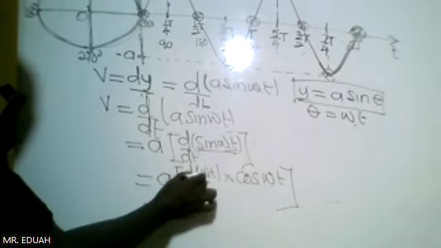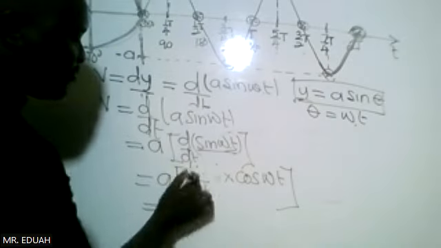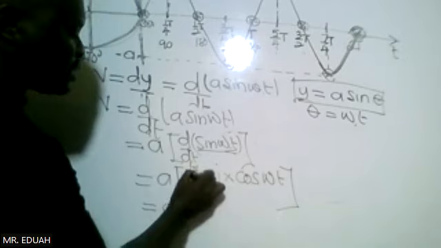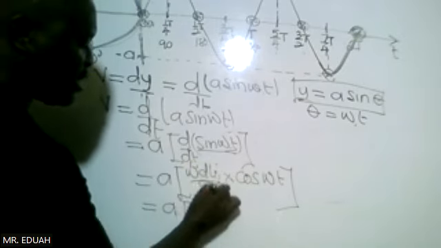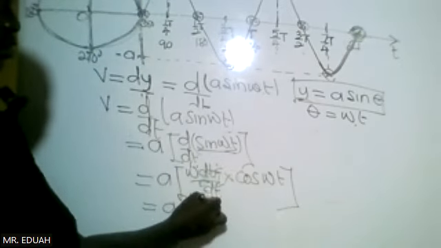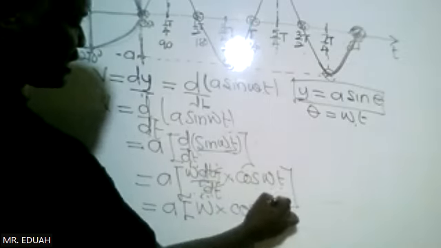Now, the differential of this will be equal to omega, because here we have omega t over dt. So dt will cancel out, remaining omega times cos omega t. When we apply it, we have A omega cos omega t.